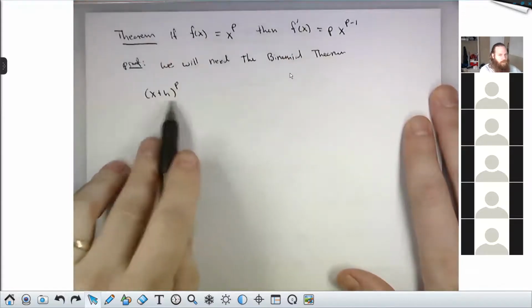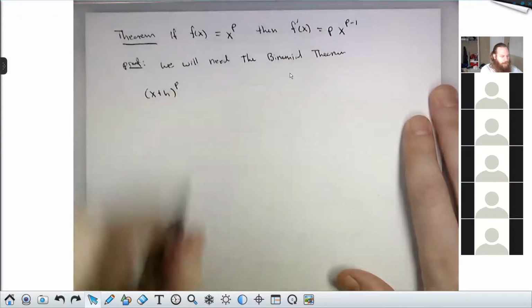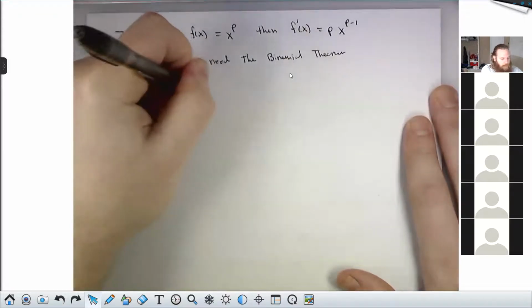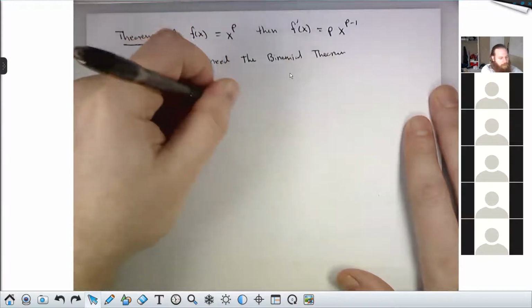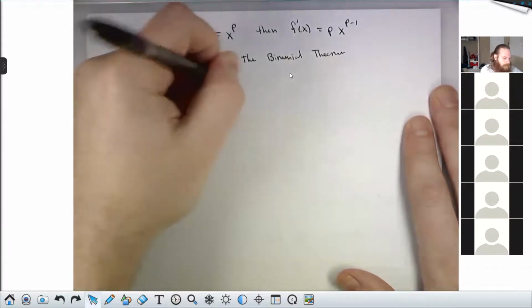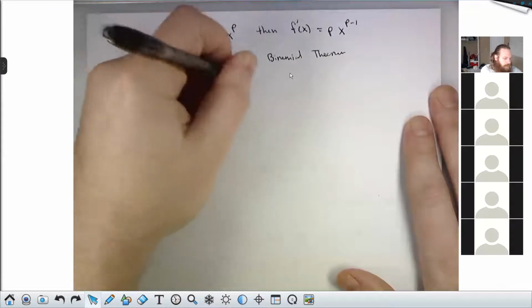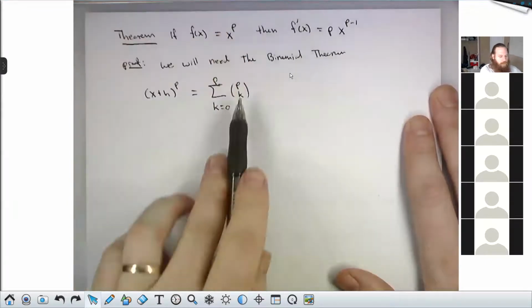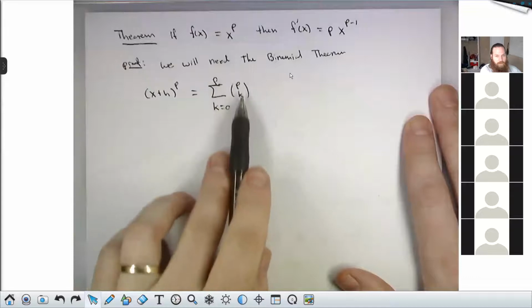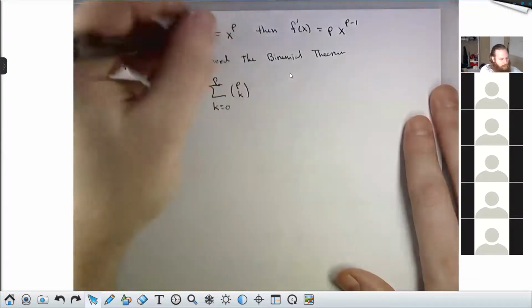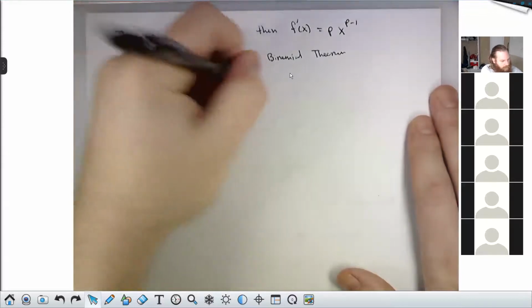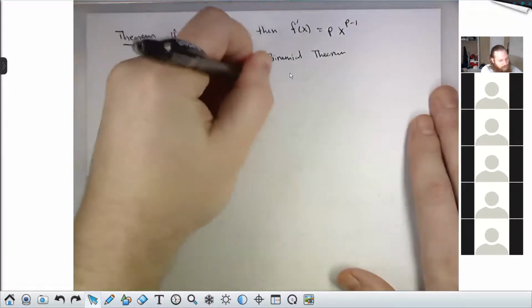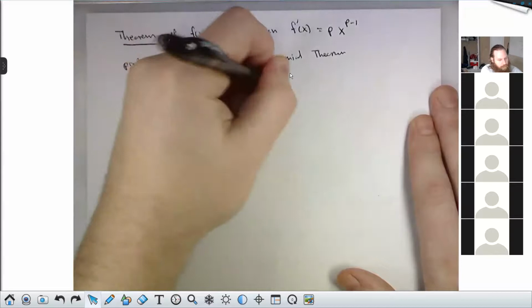This is called a binomial, and it's being raised to a power. The official statement here is this would be the sum from k equals 0 to p of p choose k. These are called binomial coefficients. You may have seen them in statistics. P choose k times x to the p minus k, we'll write it like this, times h to the k.